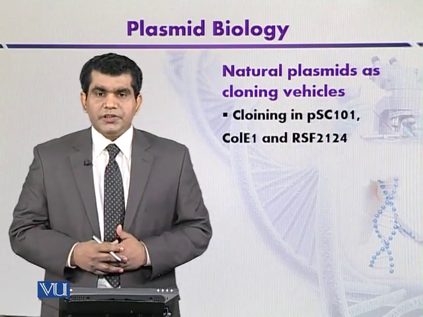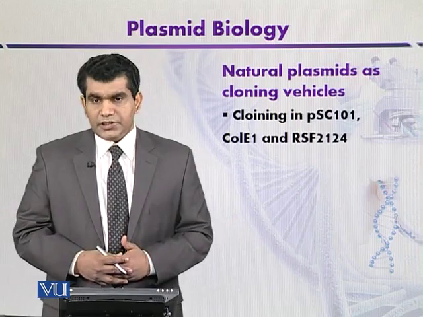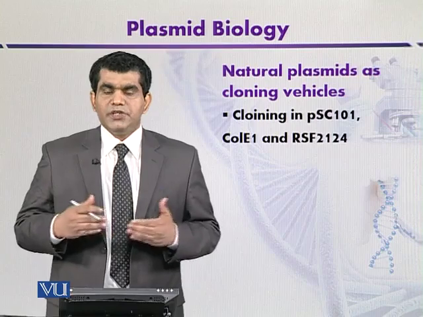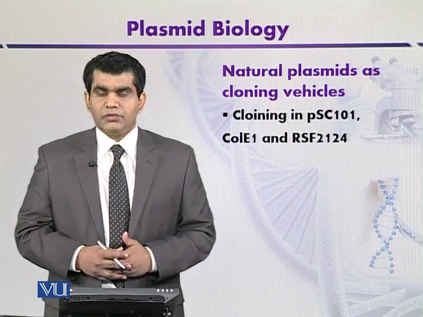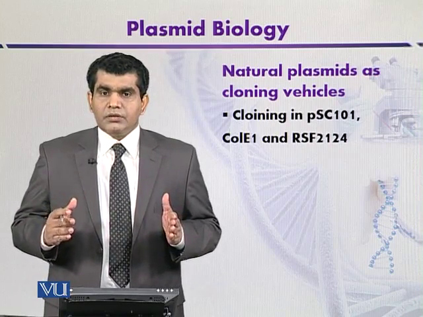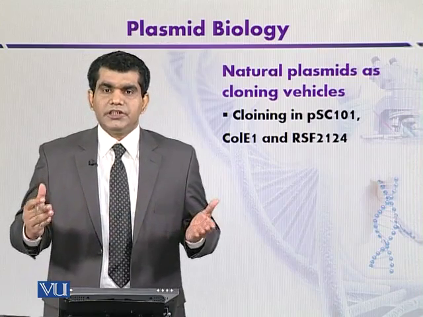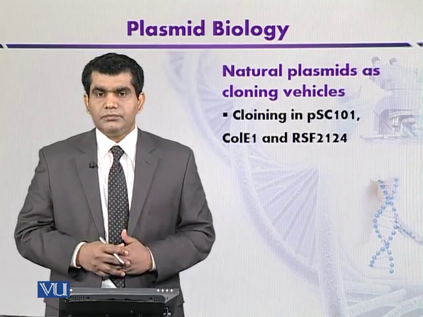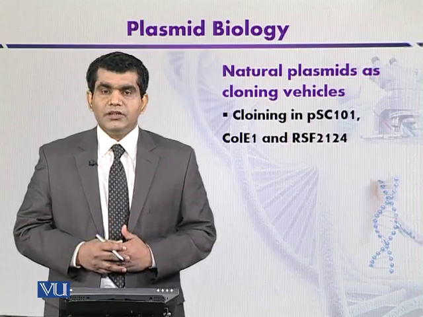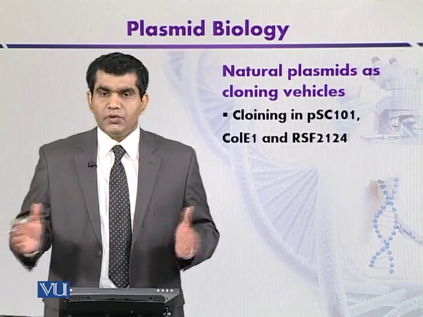Now these natural plasmids can be used as cloning vectors, but there are certain limitations. For example, if we use pSC101 as a cloning vector, then the plasmid can be digested with EcoRI because a single site is present for this restriction enzyme on pSC101, and similarly the foreign DNA that contains our gene of interest can also be digested with EcoRI.